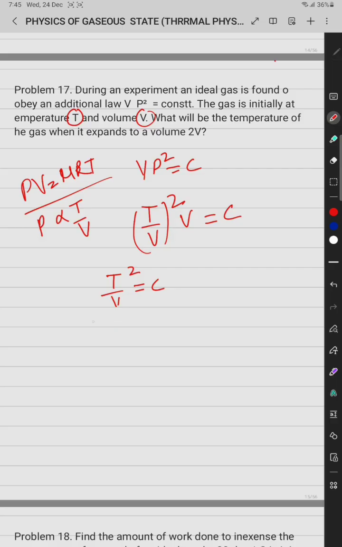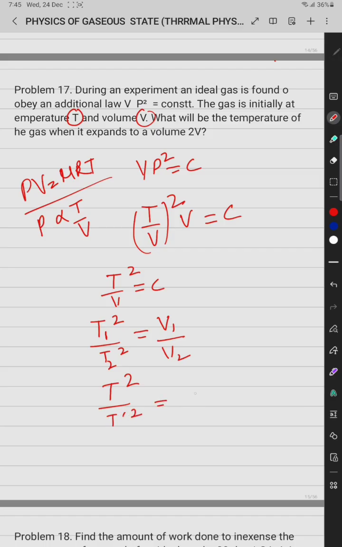That means T1 square over V1 equals T2 square over V2, because T square is proportional to V. The initial temperature is supposed to be T and the final temperature is T dash, which we want to find.